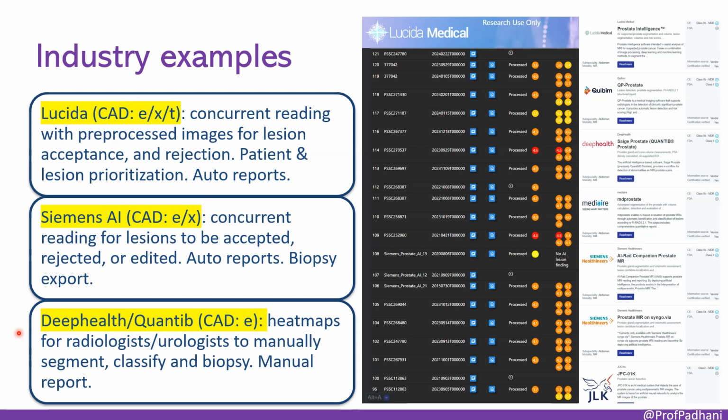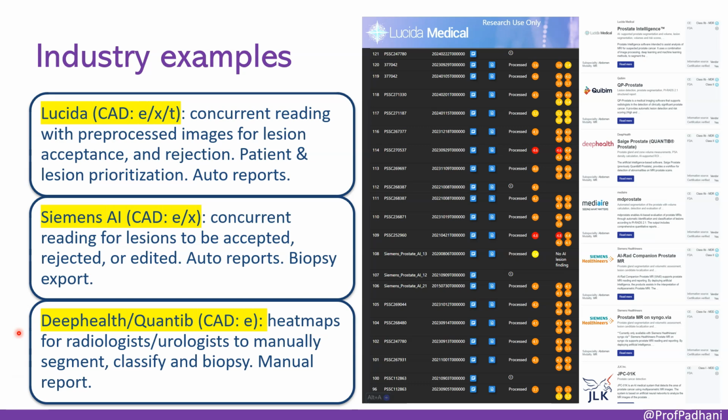Well, based on that categorization, it suggests the Lucida system aims for a more comprehensive level of assistance, helping with detection, giving a risk score, characterization, and maybe even helping prioritize cases, triage, plus auto reports. Okay, multifunctional. Siemens AI, as CADeX, also offers detection and characterization, suggesting scores, and includes features like letting the user edit the lesion contours and exporting data for biopsy planning.